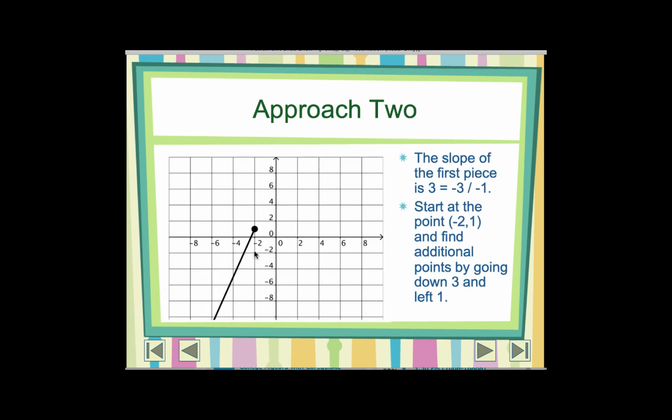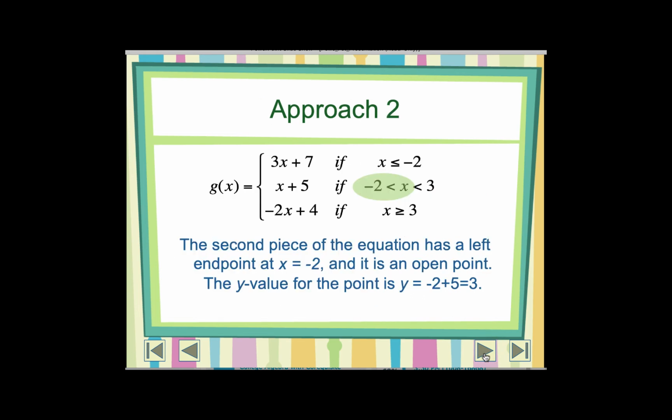So that tells me that the point negative 3, negative 2 was a point on the graph. So that would be a different way to find a second point on your ray. So your ray would start at the point negative 2, 1, and then it would go through another point, for example, negative 3, negative 2. So that's the first piece of the graph.